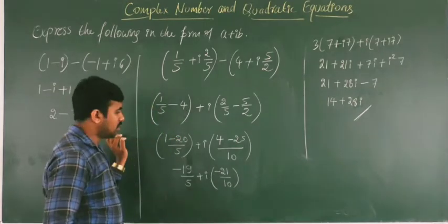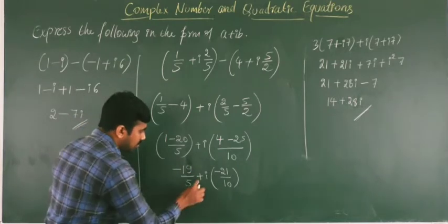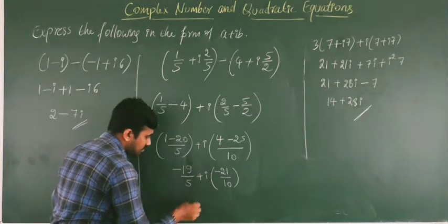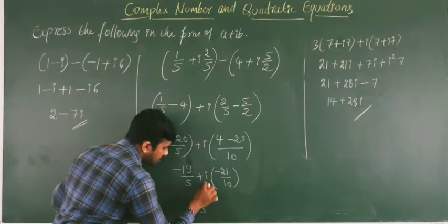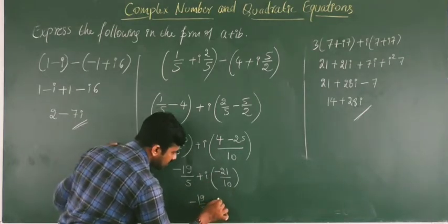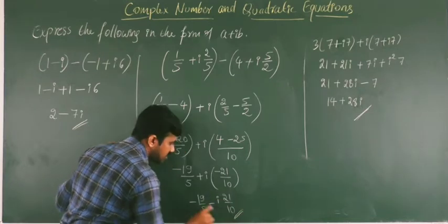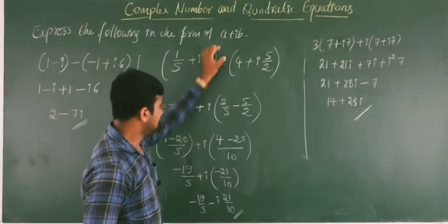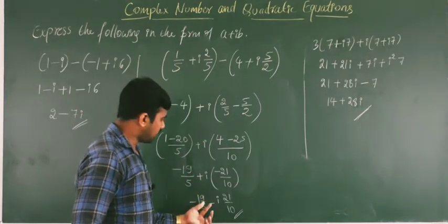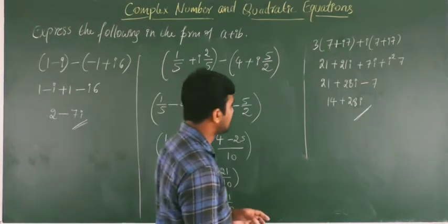Or you can write by taking negative common, or by multiplying the minus to this term: minus 19 divided by 5 minus i into 21 by 10. This is the simplified form. Here a is minus 19 by 5 and b is minus 21 by 10.